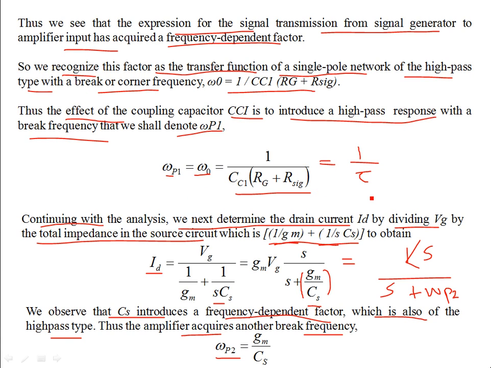So we have two break frequencies, omega p1 and omega p2. Omega p2 is due to the bypass capacitor Cs, and omega p1 is due to the coupling capacitor CC1. Each capacitor introduces a frequency dependent transfer function of its own, and also the corresponding pole or break frequency.